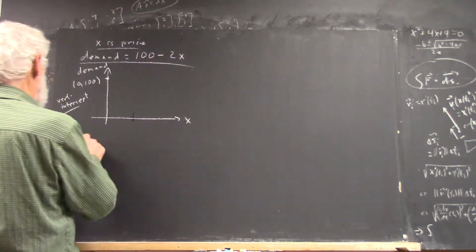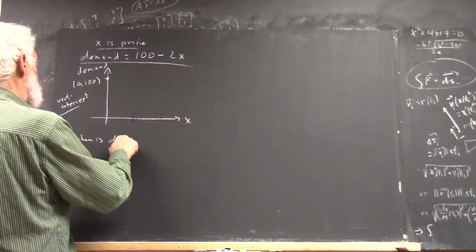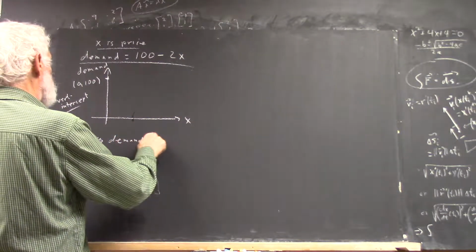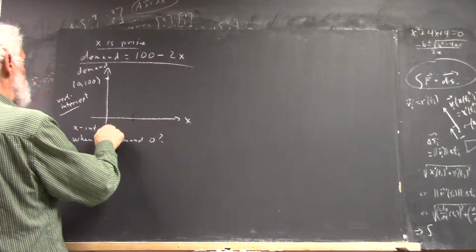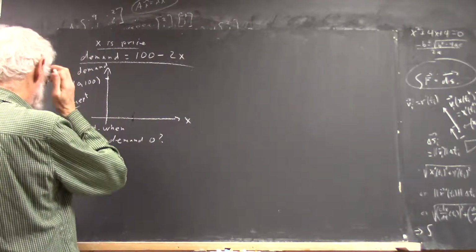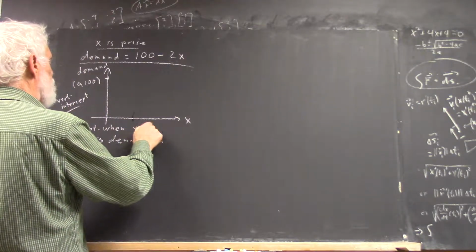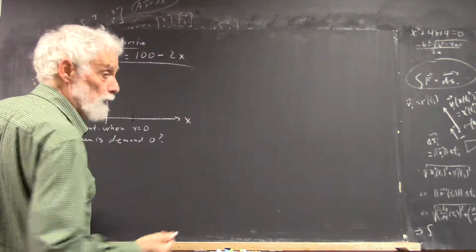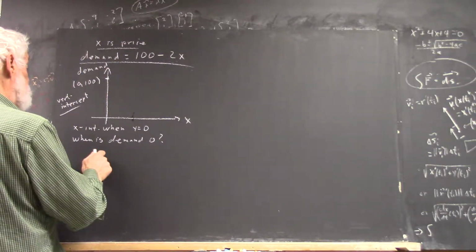Okay? So we can think x-intercept occurs when y equals 0, right? We think of this as y. So when is the demand 0?